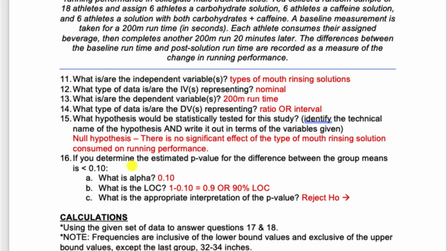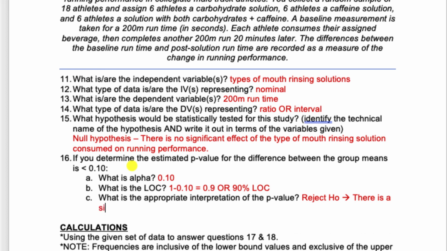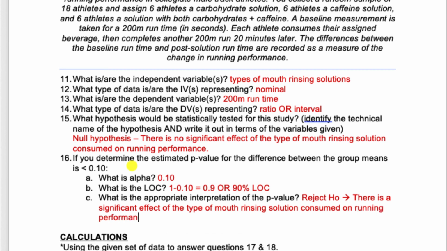And when we reject the null hypothesis, we accept the alternate hypothesis or our experimental hypothesis, which would argue that there is a significant effect of the type of mouth rinsing solution consumed on running performance.